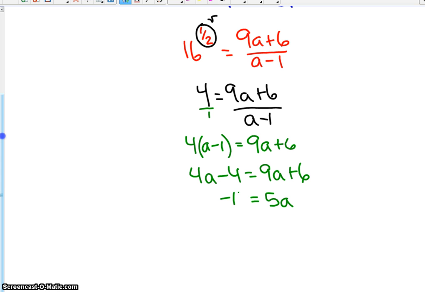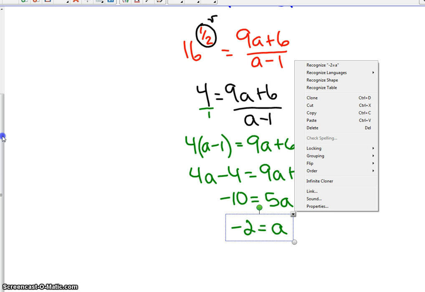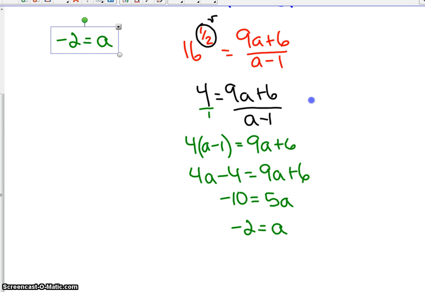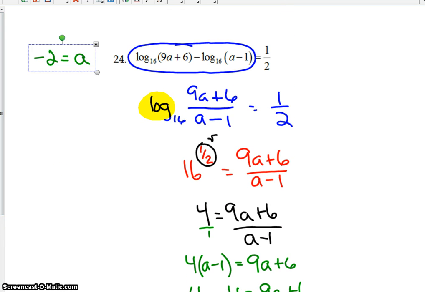So I know I'm going kind of quickly, but I want to get this done before I run out of time. So I get a equals -2. Now, the thing that you have to be careful of is if I go back up to my original and I plug in that a equals -2, I'm trying to do log base 16 of -3.